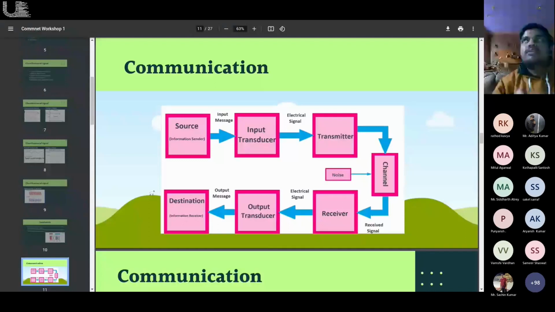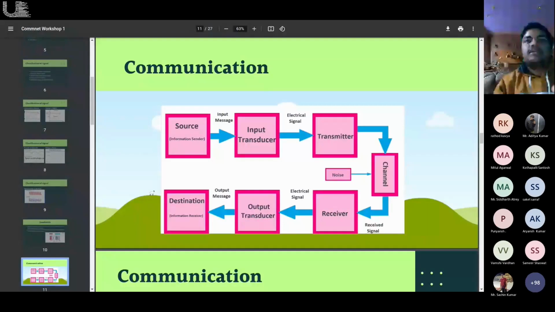Does an electromagnetic wave need any medium to transmit? No. If there is a medium, can the electromagnetic wave transmit through that medium or not? Yes, it can transmit whether there is a medium or not, it doesn't matter.